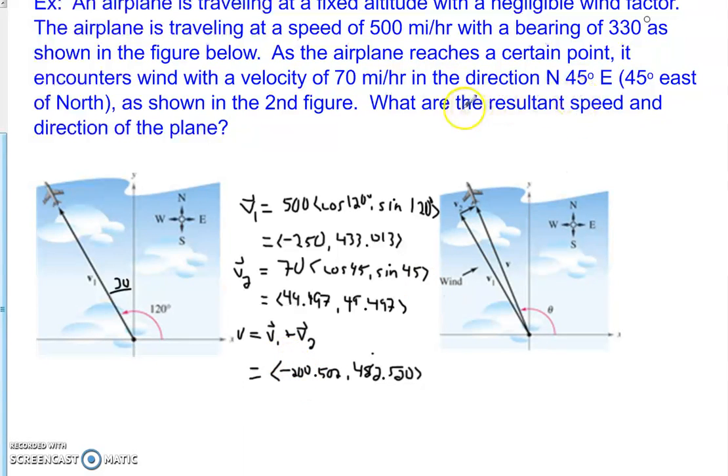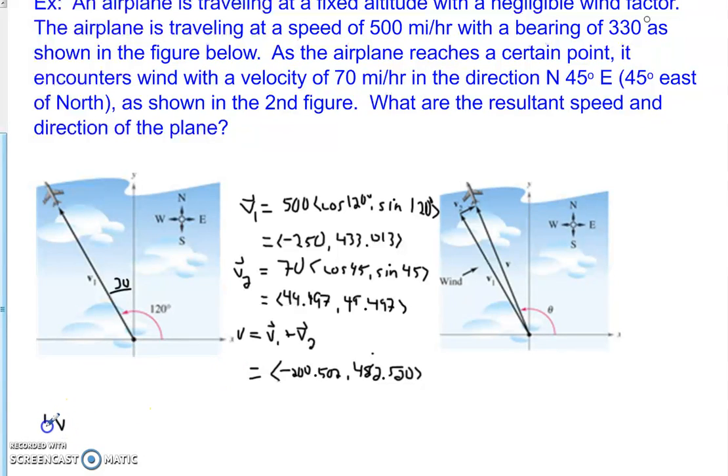Now the question is, what is the resultant speed and direction of the plane? Well, that's a little more interesting because now I could see it's negative 200 over here and 482 up there. But to find its speed, I need to know the magnitude of vector v.